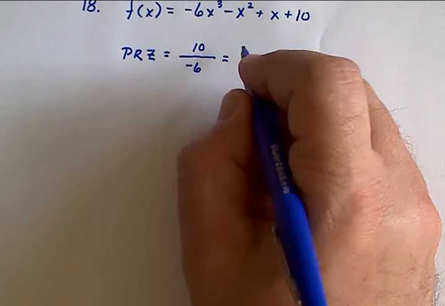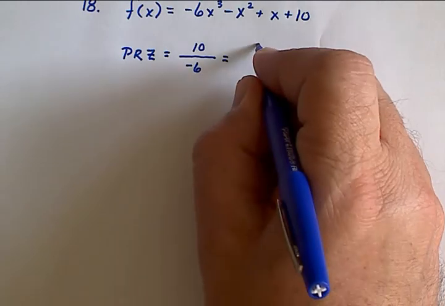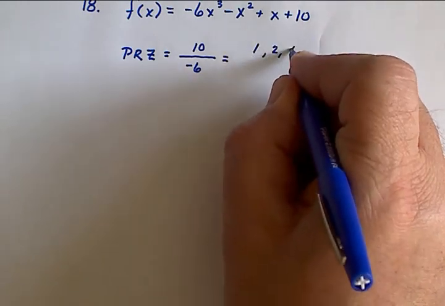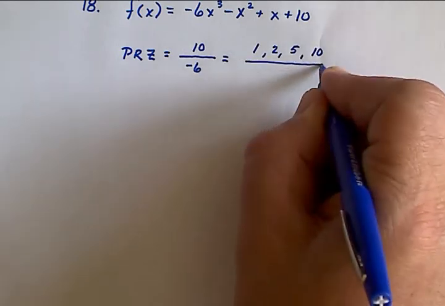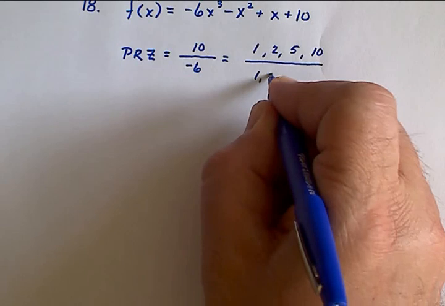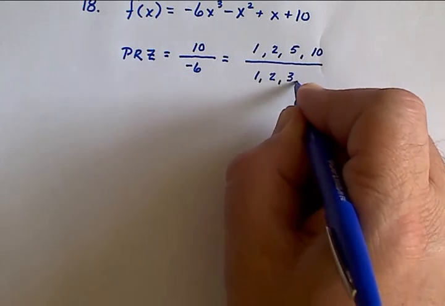The factors of 10 are 1, 2, 5, and 10. The factors of 6 are 1, 2, 3, and 6.